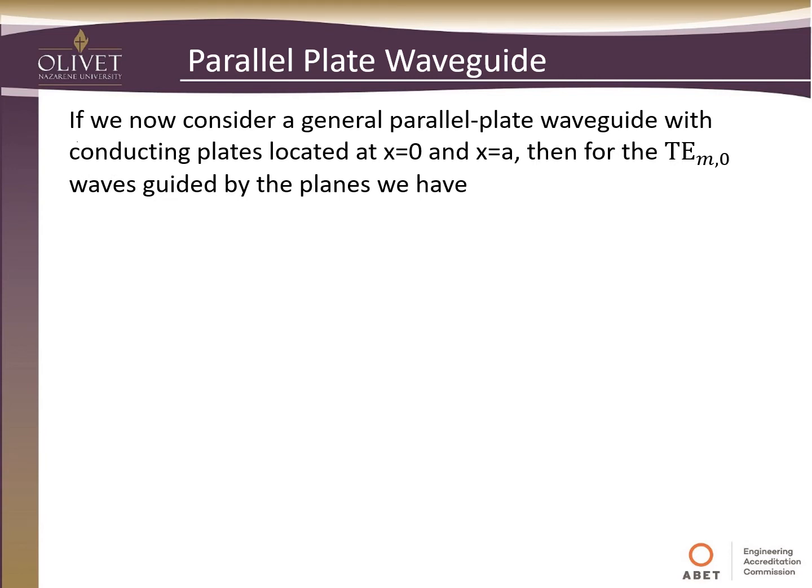So if we now consider a general parallel plate waveguide with conducting plates located at x equals 0 and x equal a, then for the TEM0 waves guided by the plane, we have that this distance a should equal m lambda over 2 cosine theta.